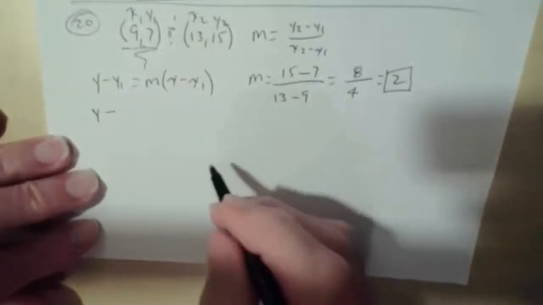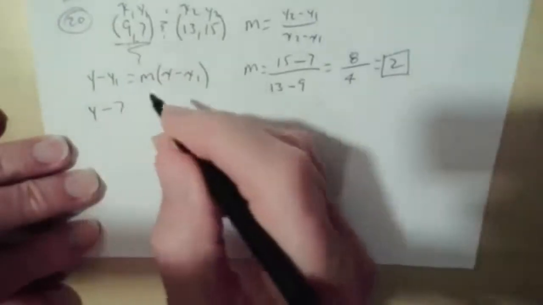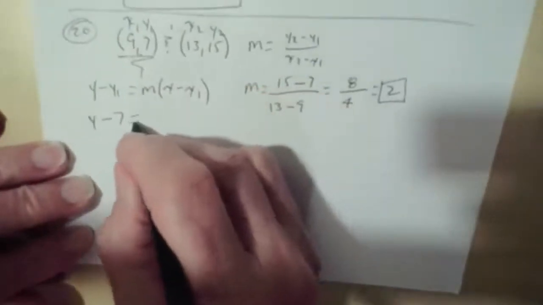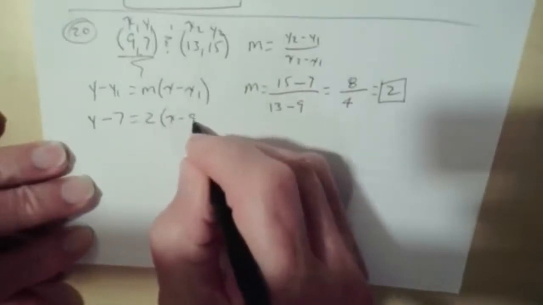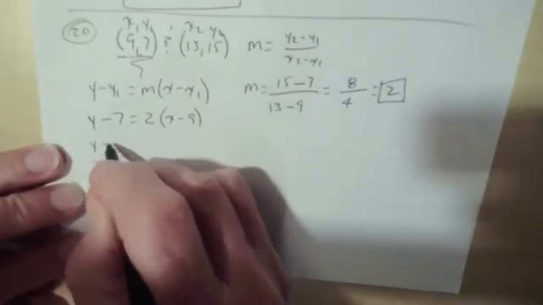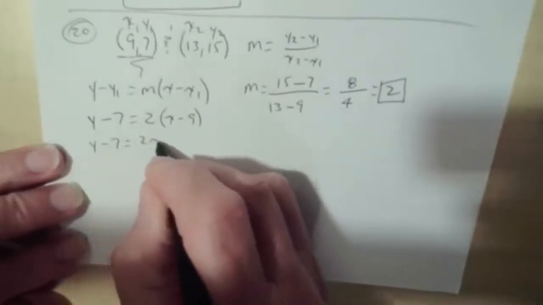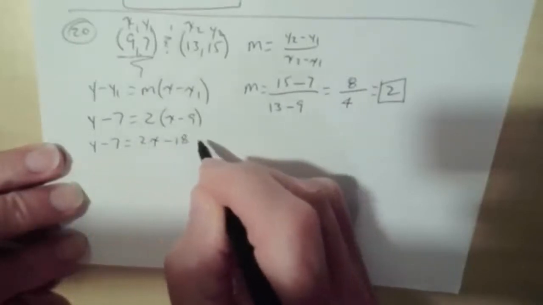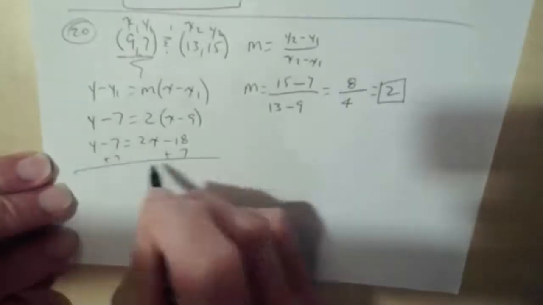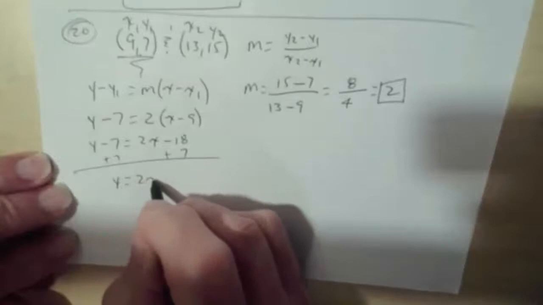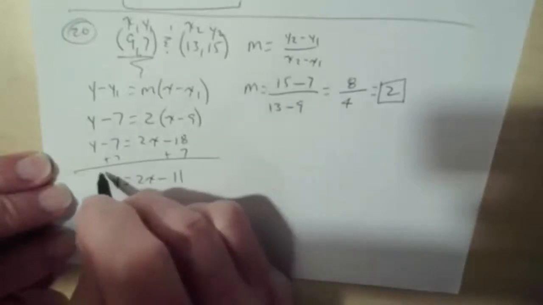Y minus 7 equals m, which is 2, open x minus 9. So we have y minus 7 equals 2x minus 18. Add 7 to each side. So y equals 2x minus 11, something like that.